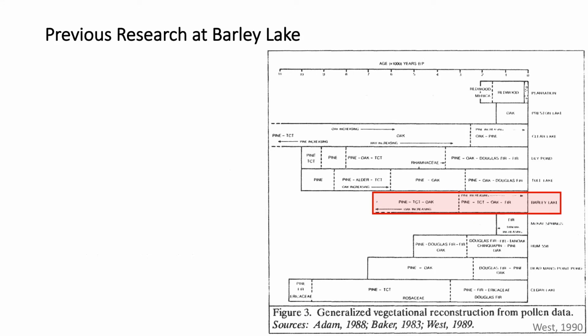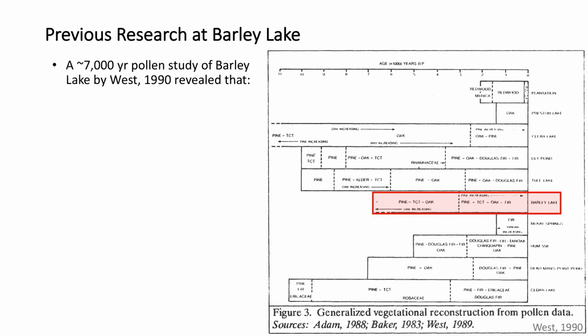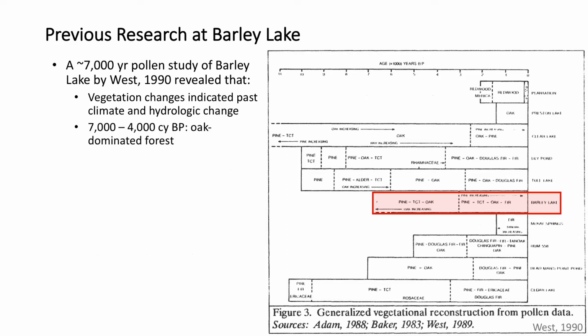Previous research at Barley Lake. Previous research includes a 7,000-year pollen reconstruction by West 1990 and 1993, which revealed that vegetation changes were strong indicators of past climate and hydrologic change. From about 7,000 to 4,000 years ago, the lake region was characterized as an oak-dominated forest.